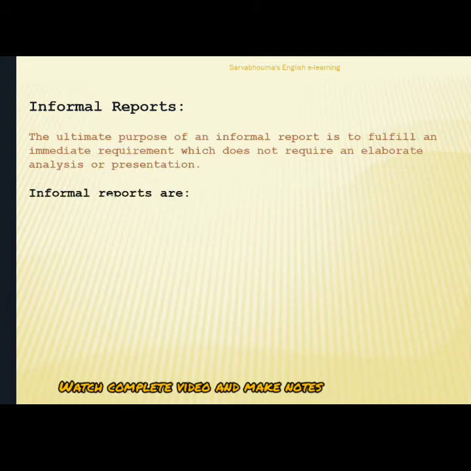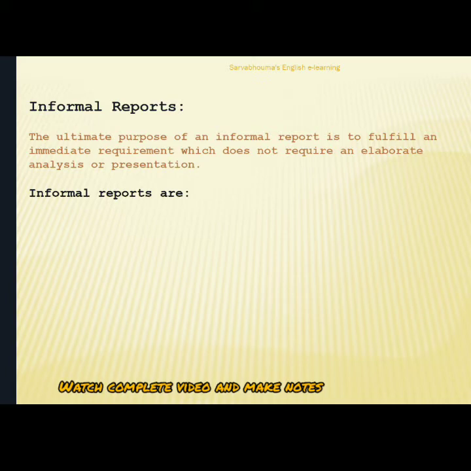Okay, so let us discuss informal reports. The ultimate purpose of an informal report is to fulfill an immediate requirement which does not require an elaborate analysis or presentation. Please mind one thing: informal reports are not pre-planned reports.